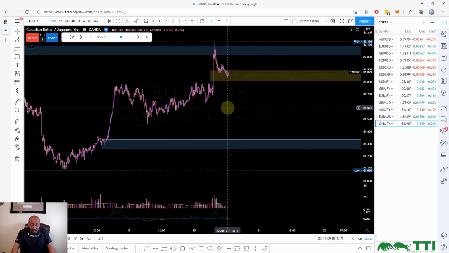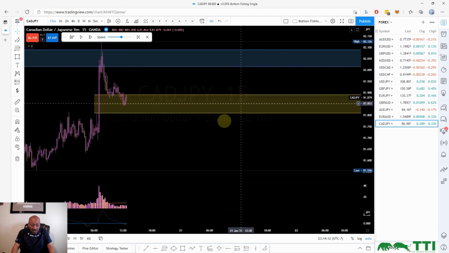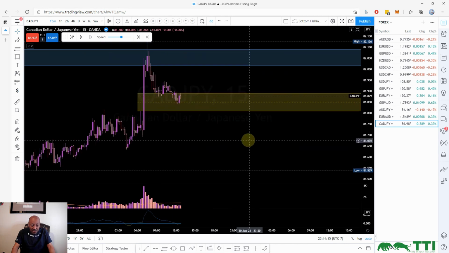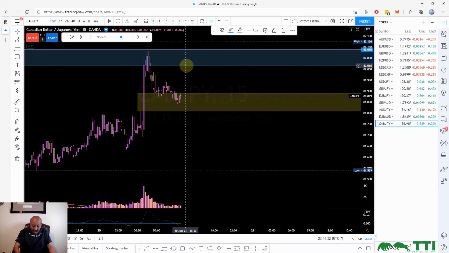I could now say, because this imbalance is closed on the 15 minutes, if we see a new break of structure, meaning this pullback is over, if I see a sign that we're making a higher high, a higher low, and a higher high, we can enter a position knowing that this order block is taken care of.